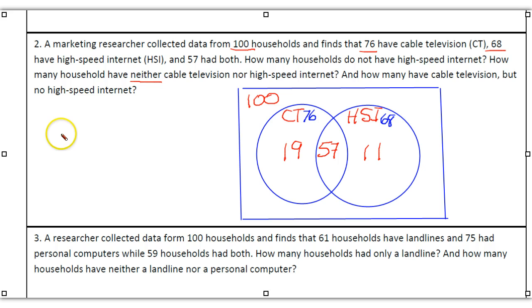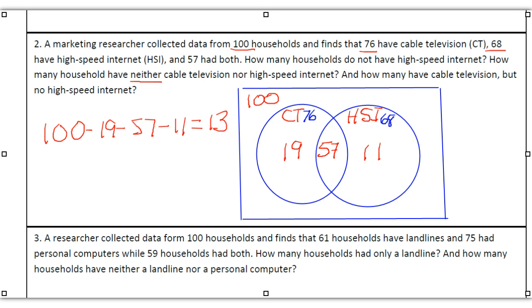Well, let's do it similarly to what we did before: 100 minus 19 minus 57 minus 11. The sum of these is 87, and from 100 that will give us 13.